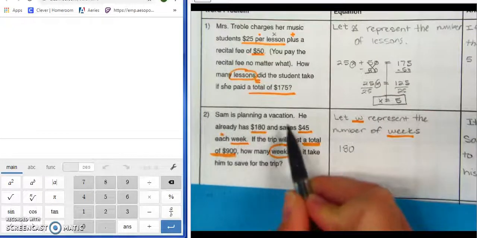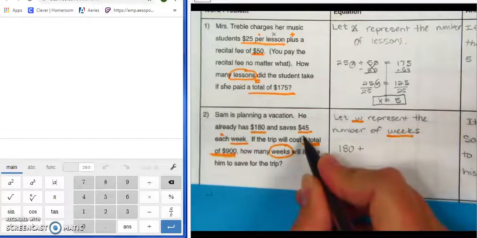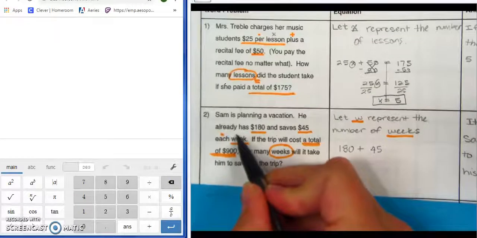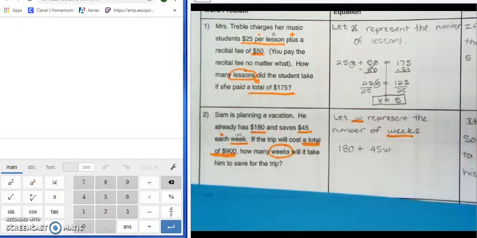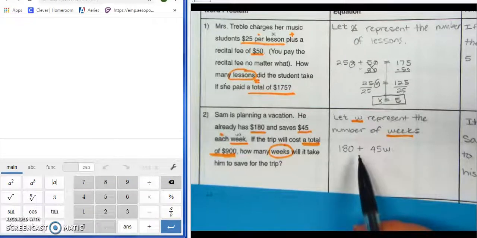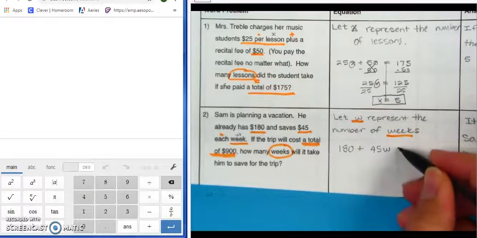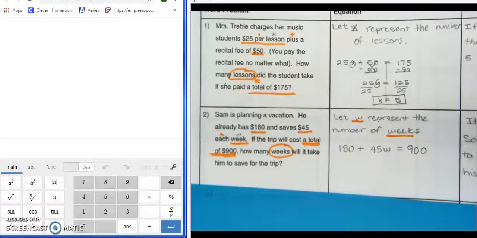So when he's saving more, that means he's adding to his total. $45 each means multiply by the number of weeks he saves. So each week would be written that way. 180 is what he already had, plus $45 additional each week, and he needs to have a total of $900. All right, so that's how we would set it up.